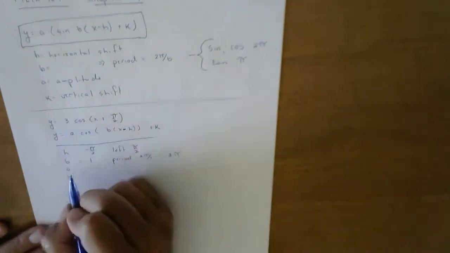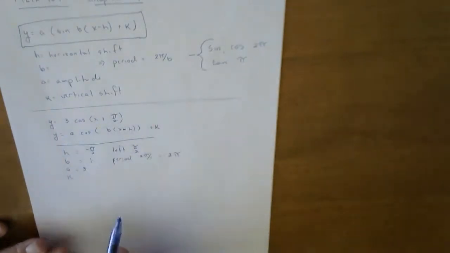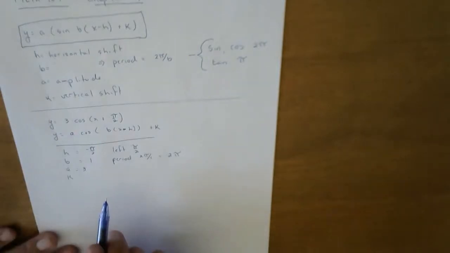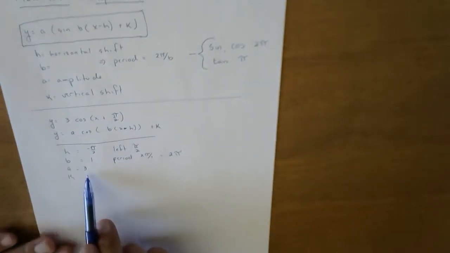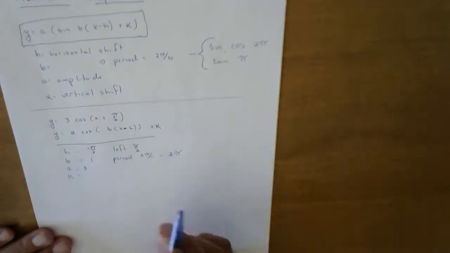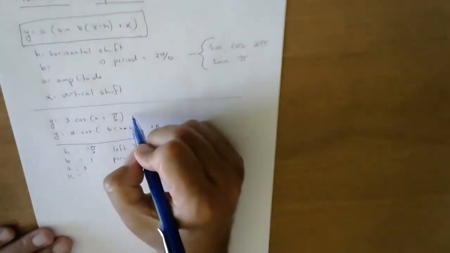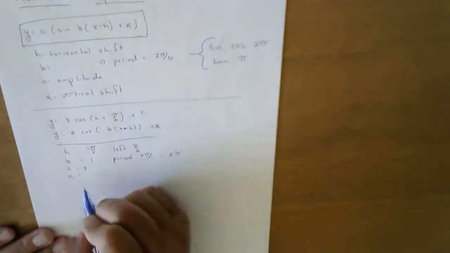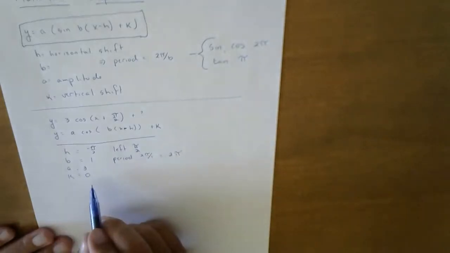My A, in this case, is 3. So my stretching up and down, my amplitude, would be 3. And finally, I have a K, and there's nothing out here on the end. So my K is going to be 0. I won't have any vertical shift. I won't be moving up or down.